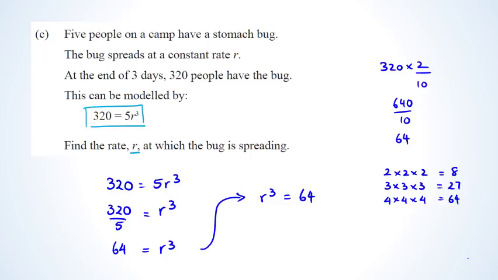So we can actually write this as r cubed is equal to 4 to the power of 3. And therefore we can say r is equal to 4. And if you are getting r equals 4, that is getting you a merit. And equation simplified, and I think it's probably looking at an achieved here. All right, let's go to the next question.